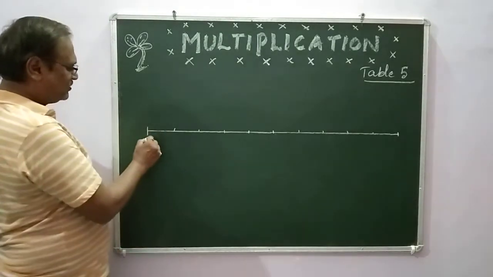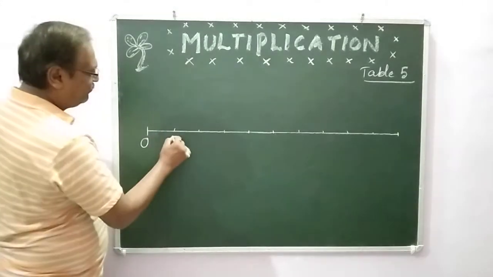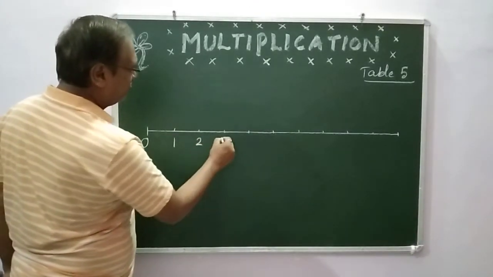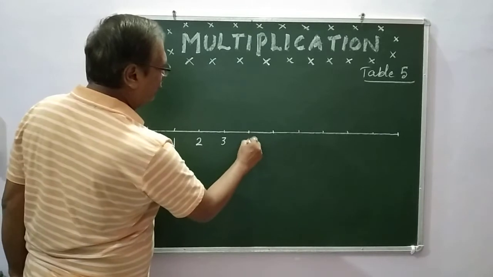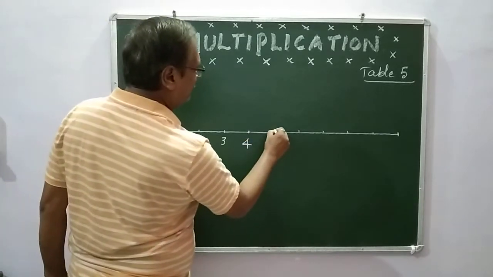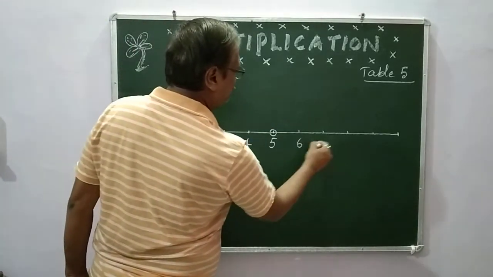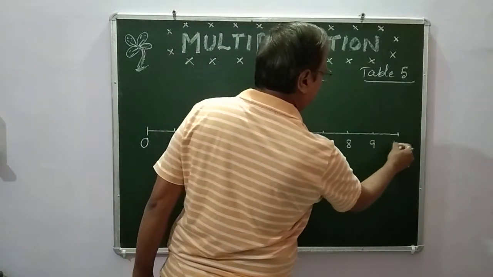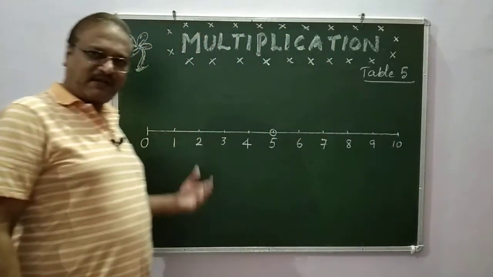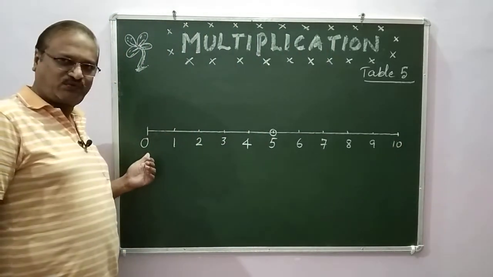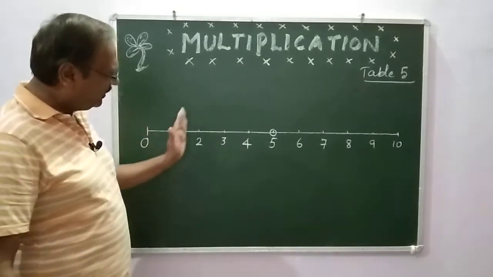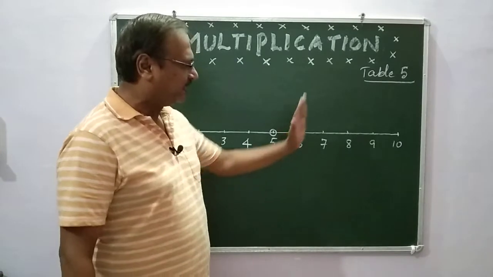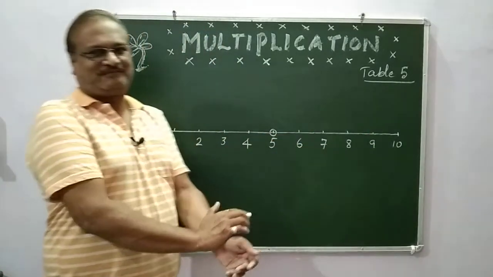The number starts with 0, then 1, 2, 3, 4, 5, right? And then 6, 7, 8, 9 and 10. The number line starts from 0 and with equal distance 1, 2, 3, 4, 5 and goes till 10.